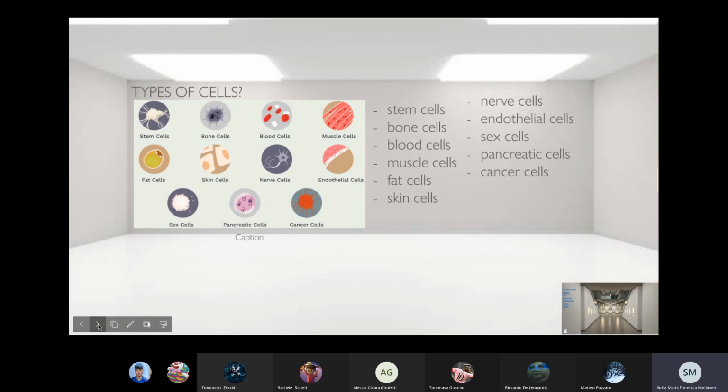So, types of cells. As I already said, there are a lot of different types of cells, some of which are the stem cell, bone cell, blood cell, muscle cell, fat cell, skin cell, nerve cell, endothelial, sex, pancreatic, and cancer. But there are also two other main, very important ones, which are the eukaryotic and the prokaryotic.